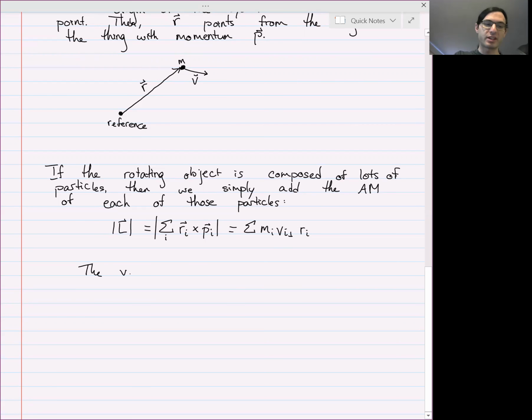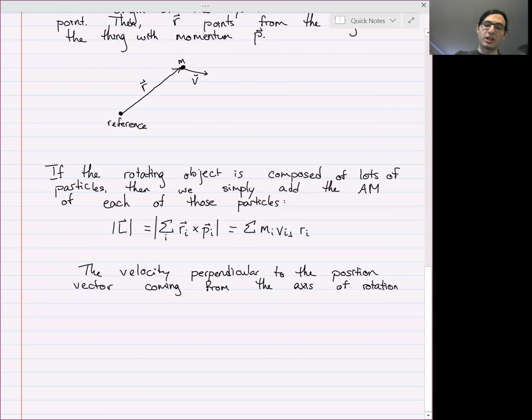The velocity perpendicular to the position vector, where the position vector comes from the axis of rotation, is just the radius times the angular velocity, which is v perp equals r omega. I'll draw a picture here in a minute.